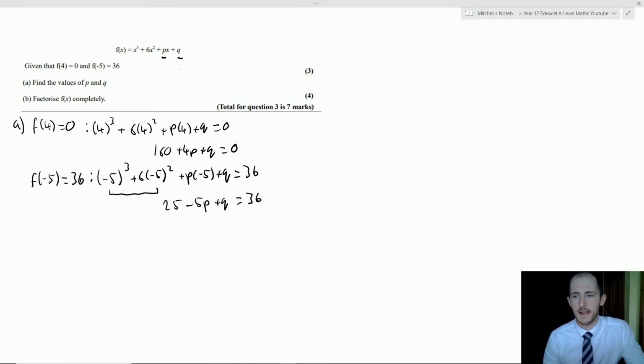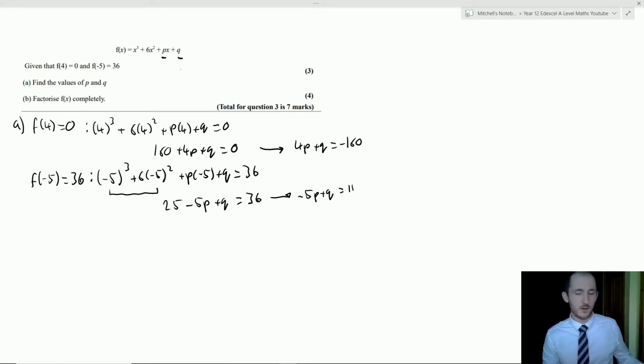Cool. What might help is if you put all the numbers to one side for both of these expressions. So let's do that quickly. And for this one, that would be minus 5p plus q equals 36 minus 25 is 11. Okay, so we have two unknowns and we have two equations.